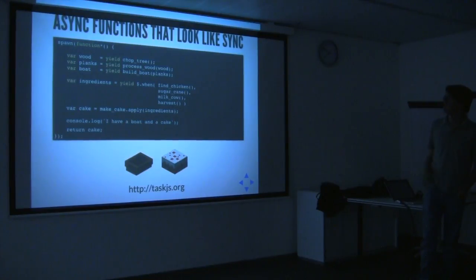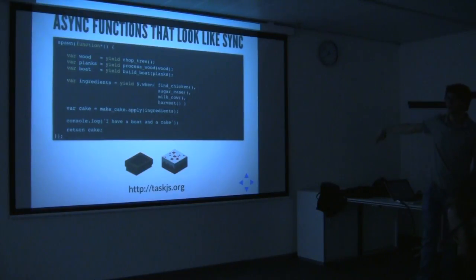So here what we do is, to make the boat, we take the wood, which is a yield from the chop tree, and then we return the control to the event loop. Here you say, okay, wood just yield chop tree.